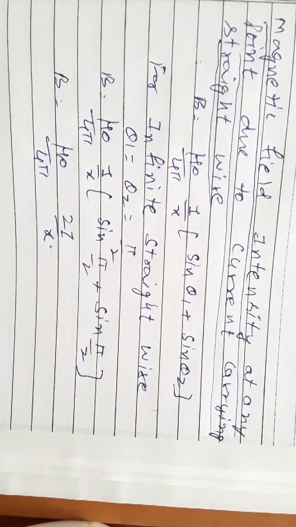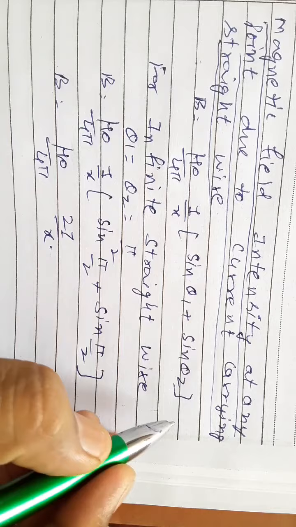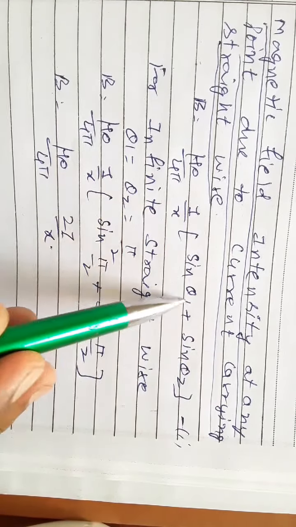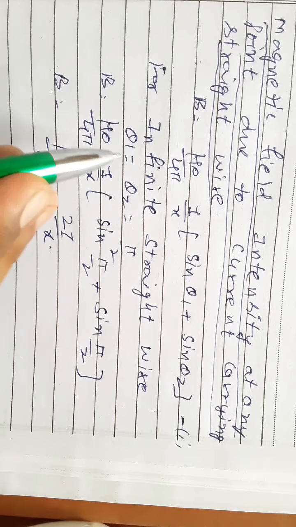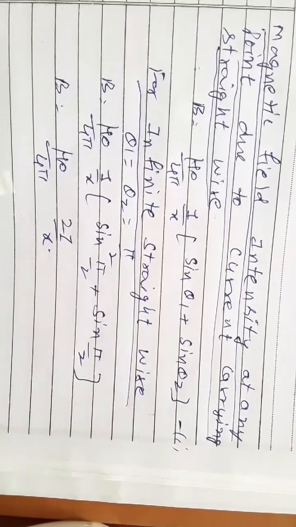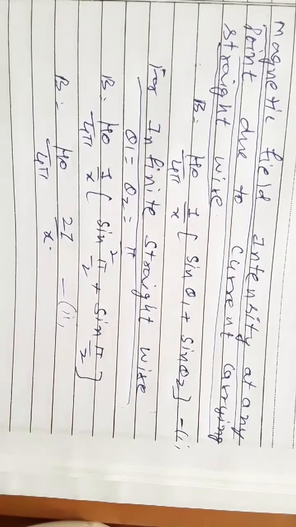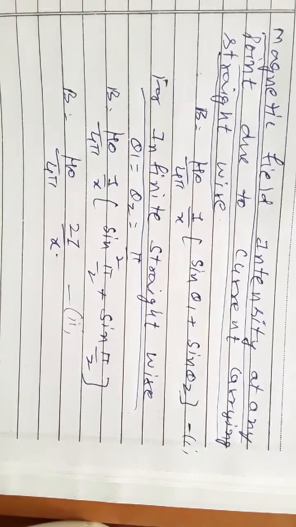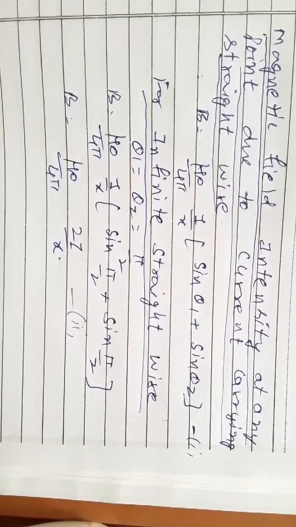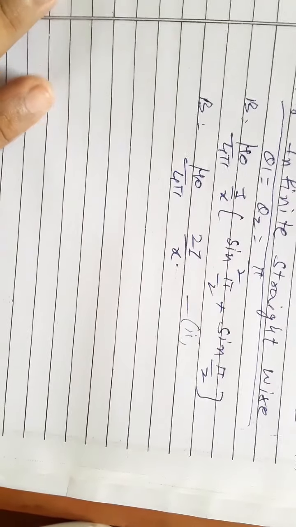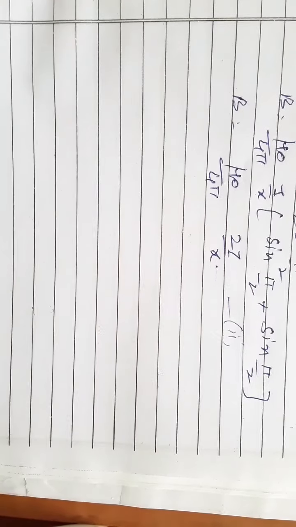For a straight wire, we can use these two relations: first, B is equal to mu naught upon 4 pi I upon x into sin theta 1 plus sin theta 2, and for the infinite straight wire, we can use B is equal to mu naught upon 4 pi into 2I upon x. This is the second relation we can use to find the magnetic field intensity. Now, on all these applications, we can do the numericals.